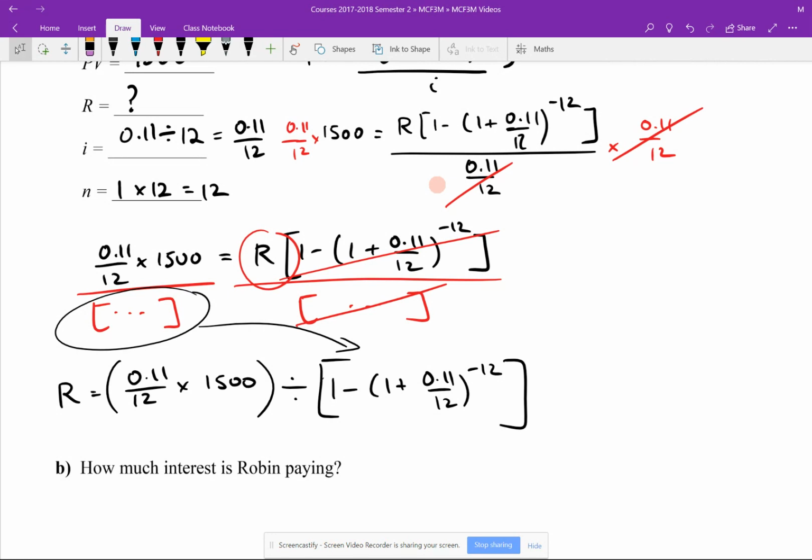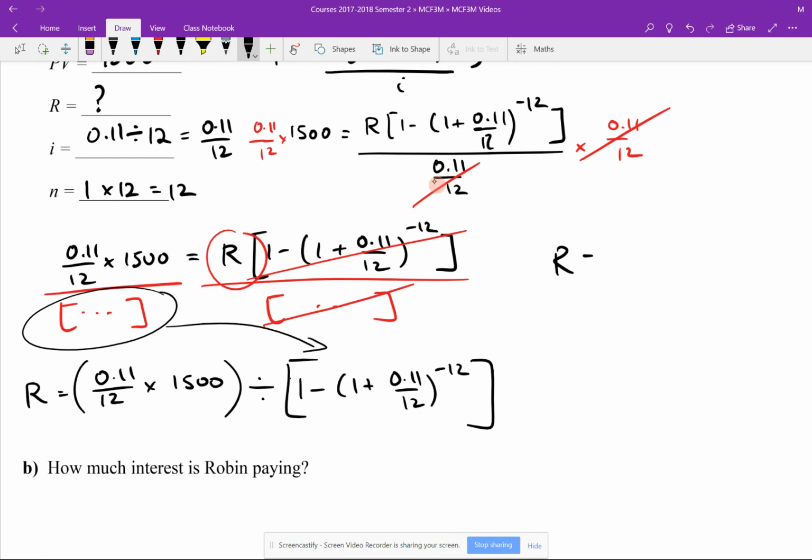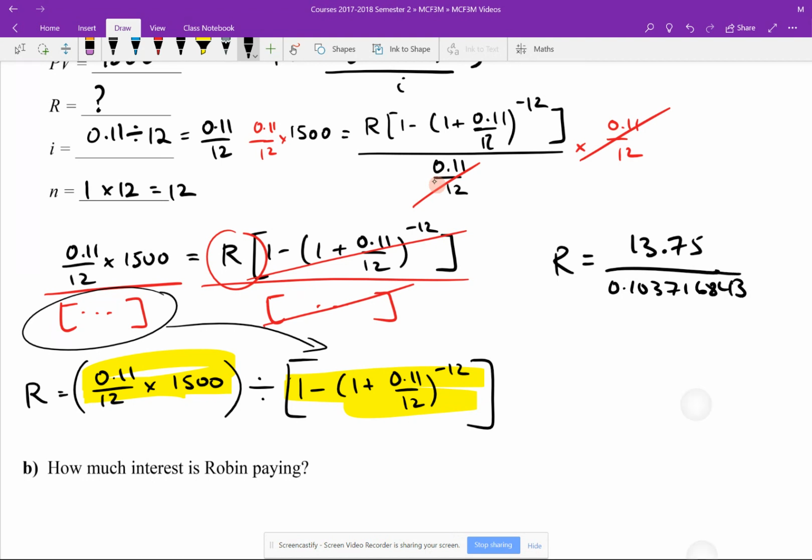What you should end up having is R equals 13.75 divided by 0.103716843. Don't round, keep as many decimals as possible. Only round your final answer to the nearest cent.